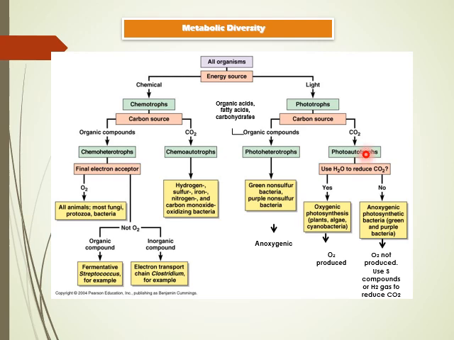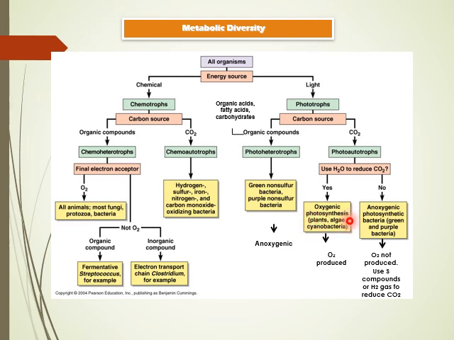The second group is the photoautotroph. It does not rely on living organisms, right? Depending on which element or compound they use to reduce carbon dioxide, if they use water, it is called oxygenic photosynthesis.